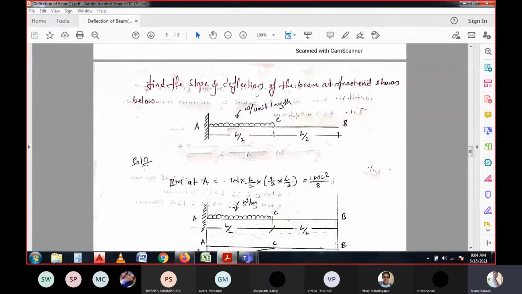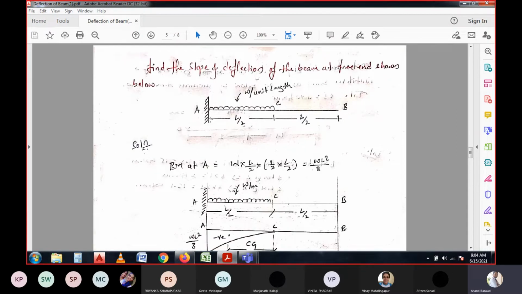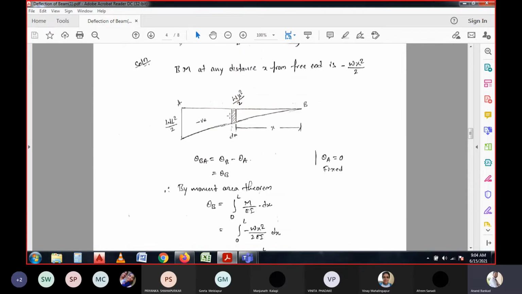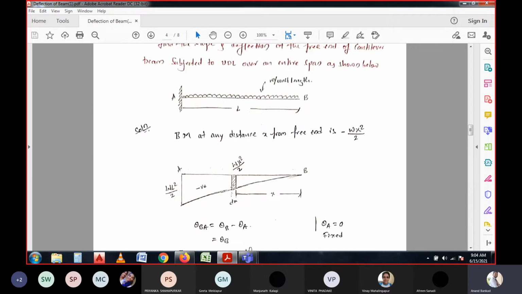In yesterday's class, we saw that the distance x is considered from B, and we took the moment about point X, because the span from B had the load, which is UDL.